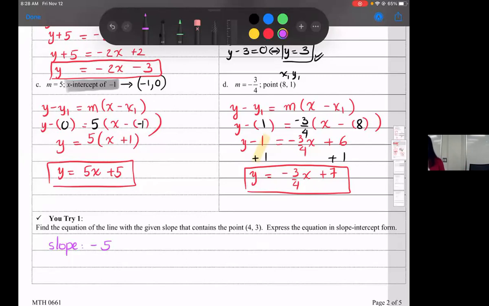Kind of move faster to the next objective, otherwise we won't be able to cover objective 4.